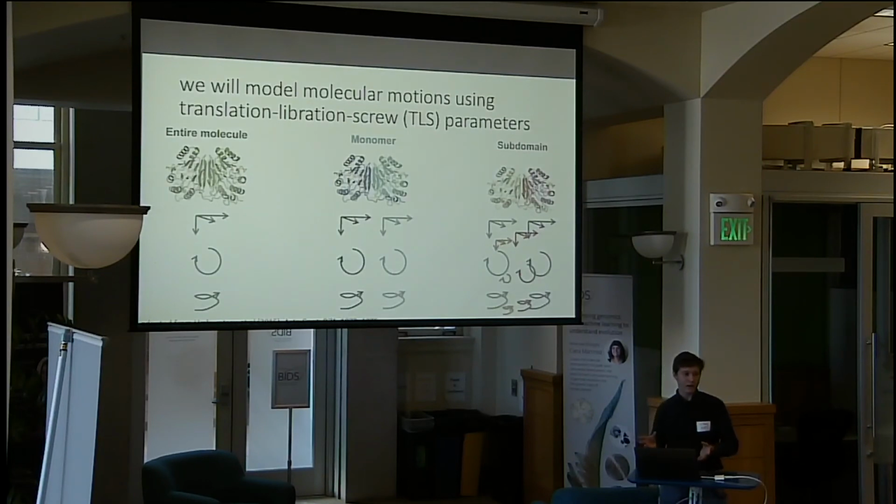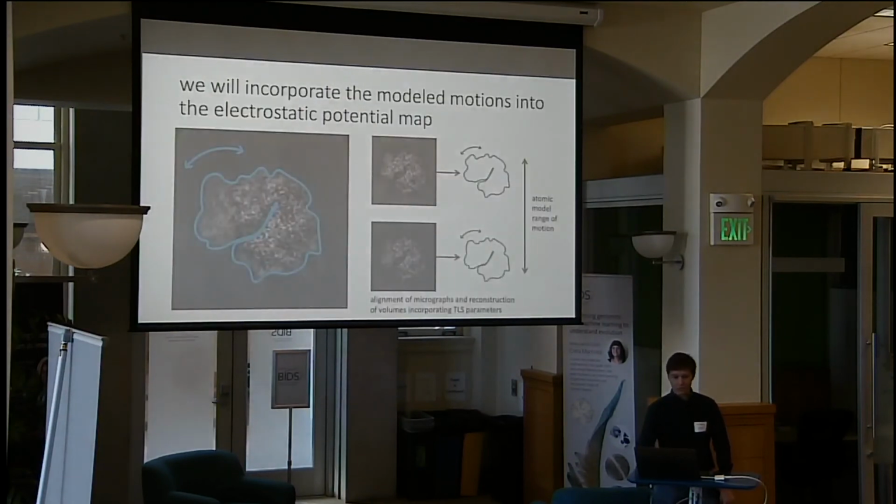It can be a hierarchical way of describing maybe the entire molecule moves within the crystal with this one motion, and then subunits of the model move in this other motion, and you can describe either the regions or all the way down to the level of individual atoms with these parameters for translation, rotation, and screw motions. And so we want to apply those to the map itself.